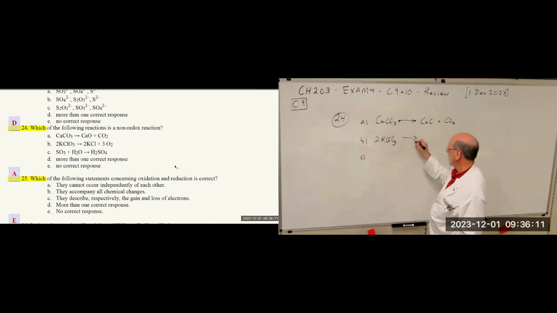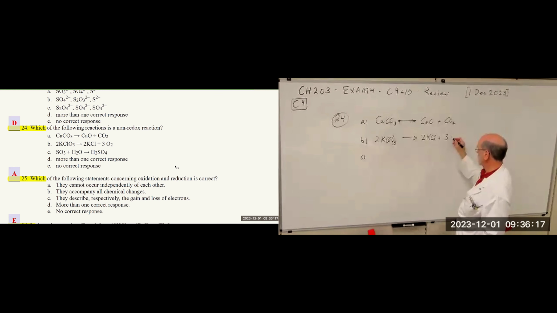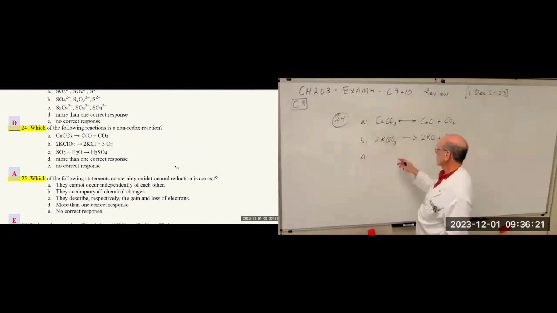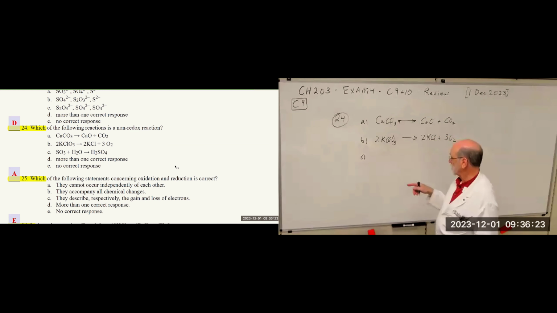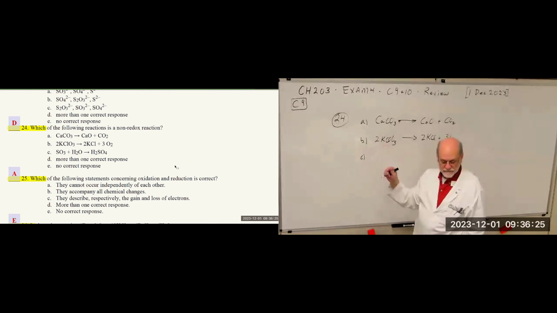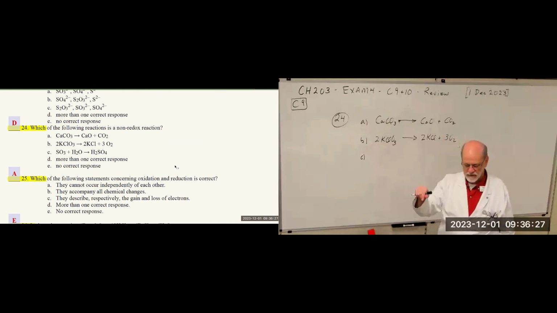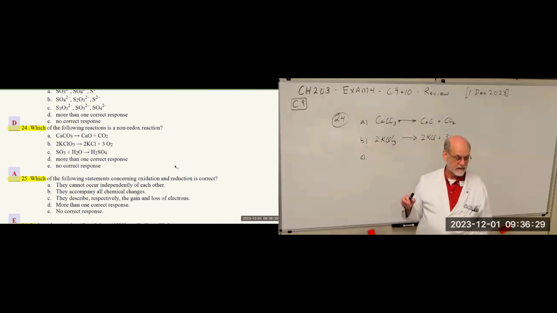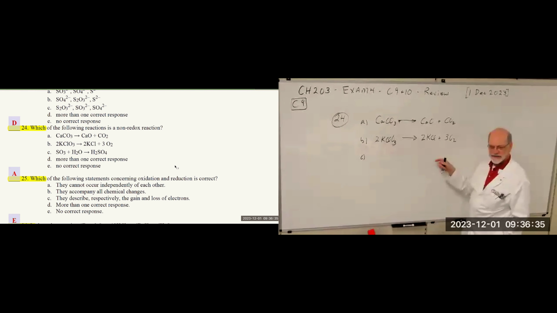Yep, this is another decomposition. This one's really easy to decompose. In fact, you can take a solution of that and dribble it on the floor and let it dry. And when your lab assistant walks through and steps on it, wow, because all it needs is a little pressure and it'll decompose.